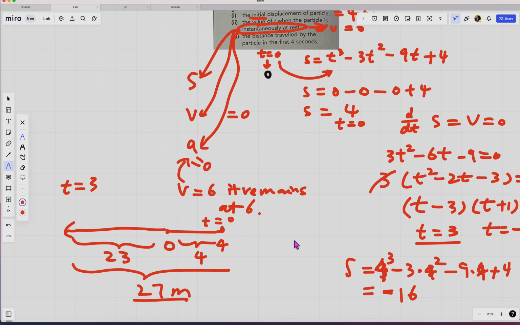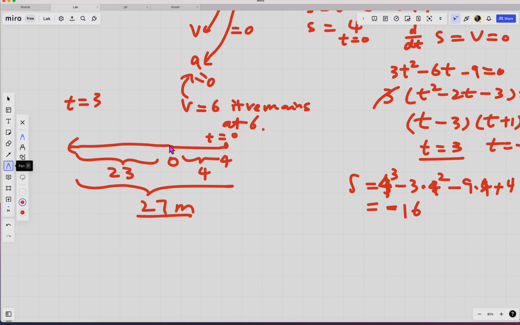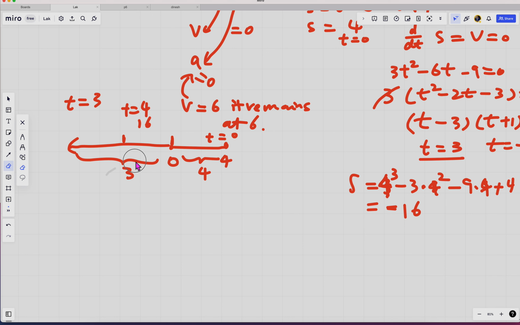So you just make use of the displacement graph. t equals 4 is negative 16. So that means here to here is 16. Now I need you to tell me the trajectory, how the particle moves in the first 4 seconds.